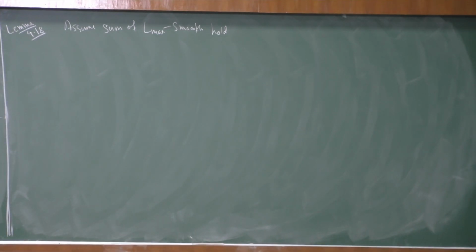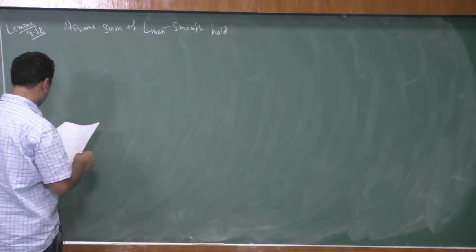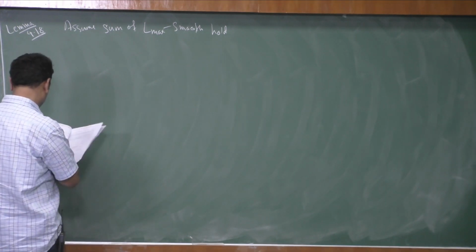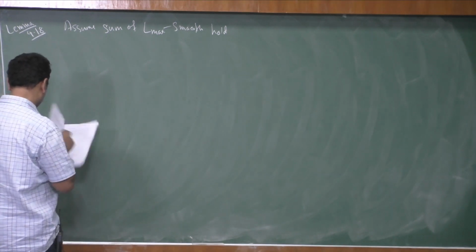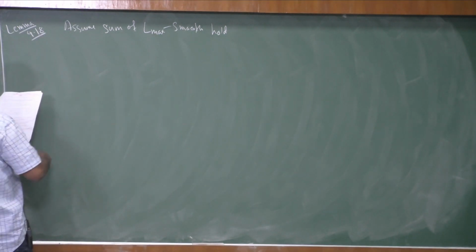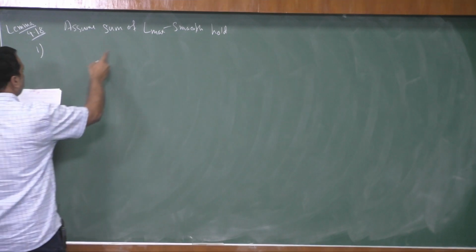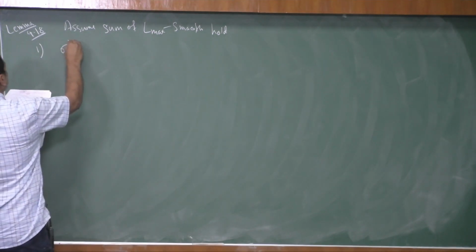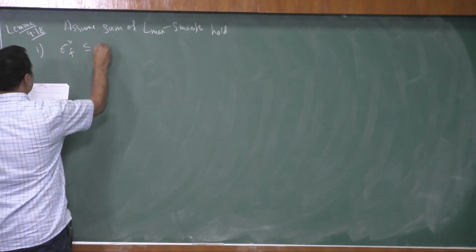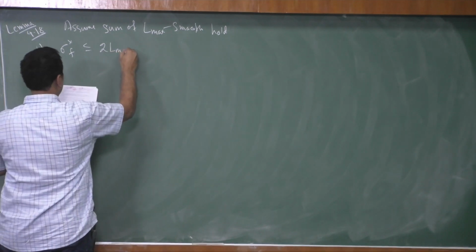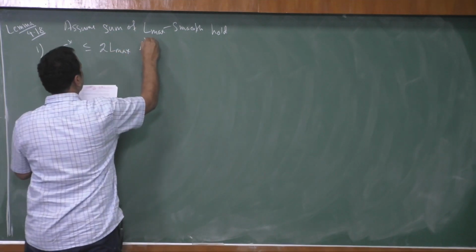So what we will do will be for the sum of smooth functions. If for sum of L max smooth we have sigma star F is less than or equal to 2 L max of the delta star F.